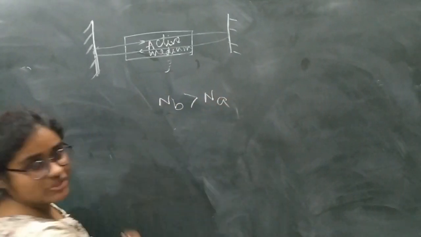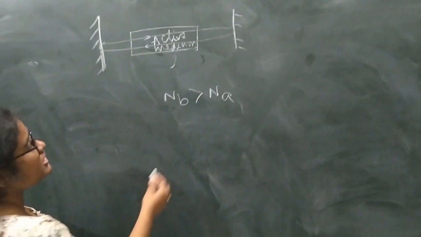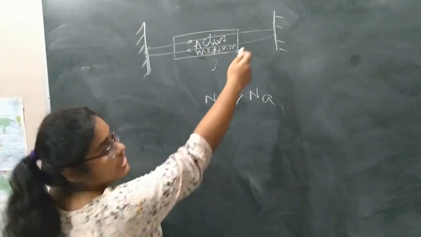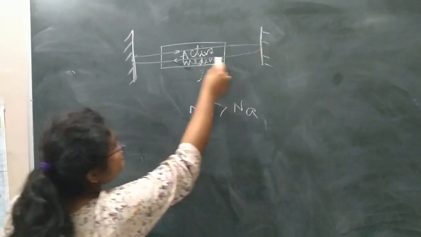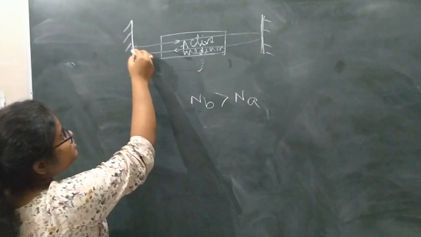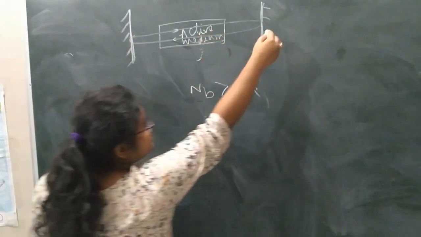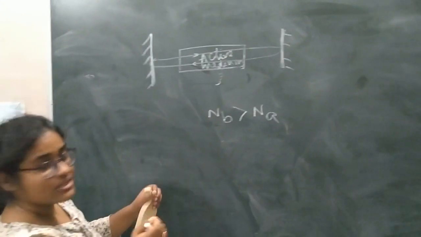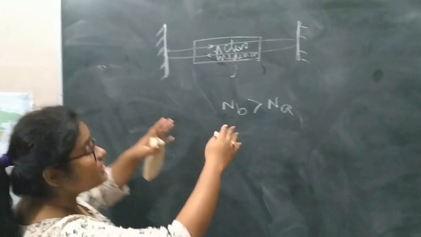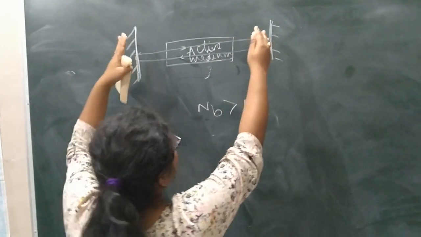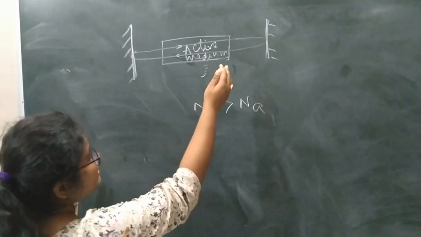So upper level population is greater than the lower level population, and they are stimulating emission of radiation. So it continuously goes back. It will reflect from the mirror and come back to the other mirror. It will then reflect and come back. So this is kind of someone oscillating inside the resonator. This kind of configuration is called the resonator.